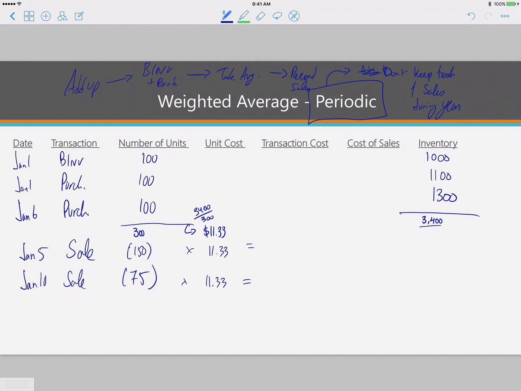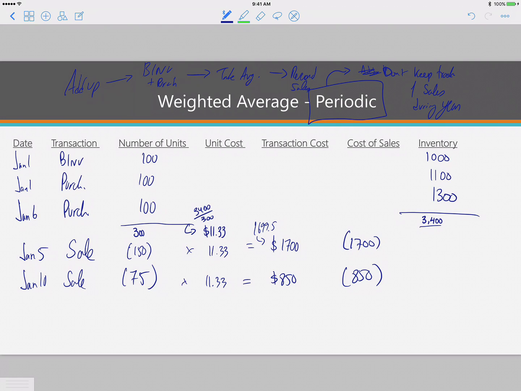So 150 times 1133 gives us 1,700. So we're going to round to the nearest dollar, right? Because we got 1699.5, so we'll just round it up to the nearest dollar. And we sold 75 units on January 10th, so 1133 times 75 gives us 850. And these are going to go into our cost of sales because these are products that we're selling through.